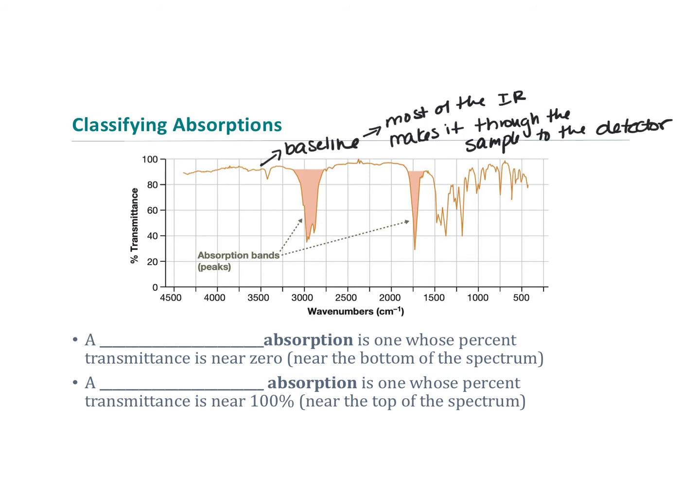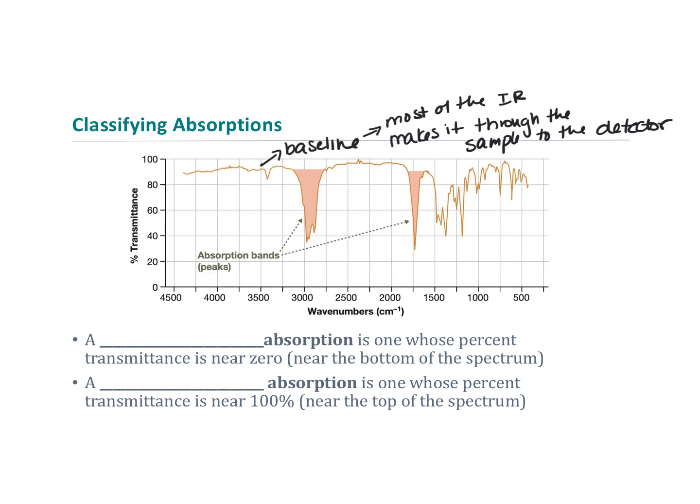And so every time you get a dip, though, what's happening here is that IR radiation is being absorbed by the sample. So less radiation is making it to the detector. And these dips are called absorption bands or peaks.